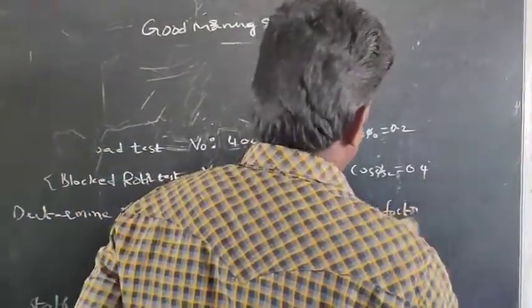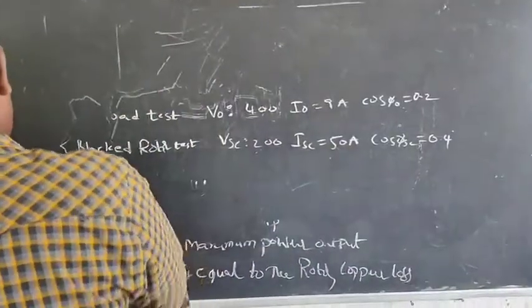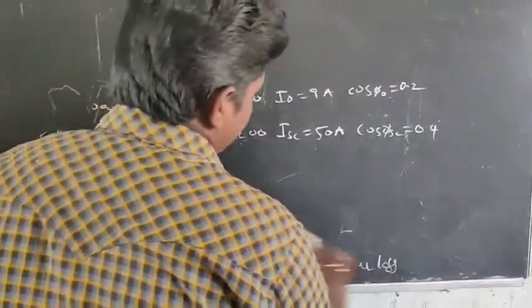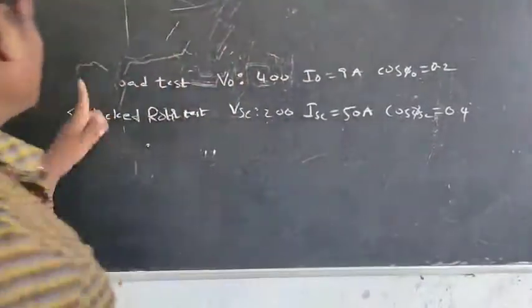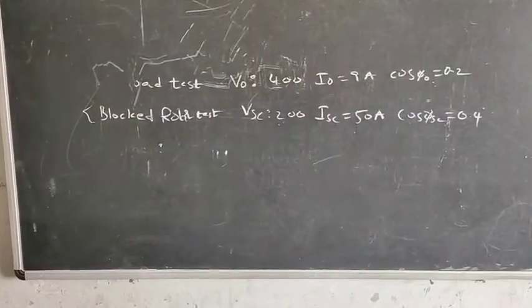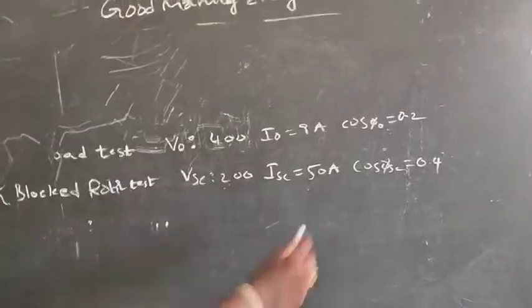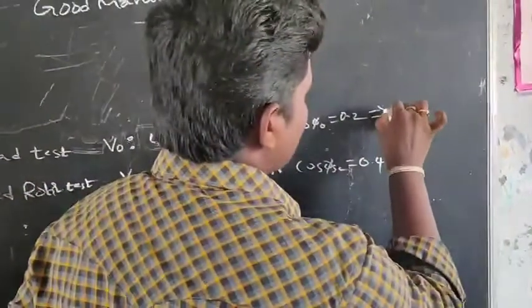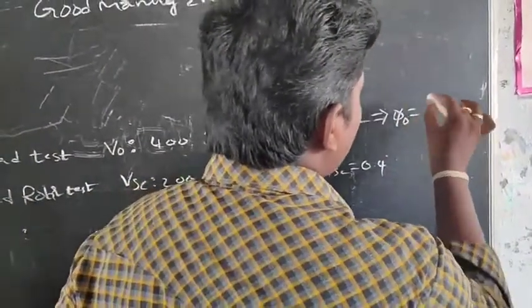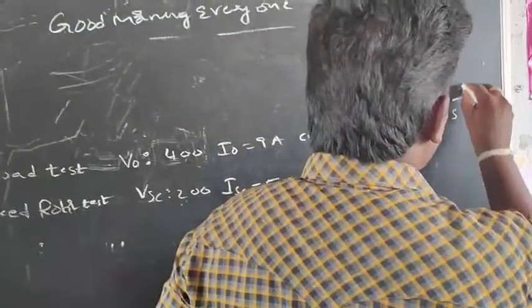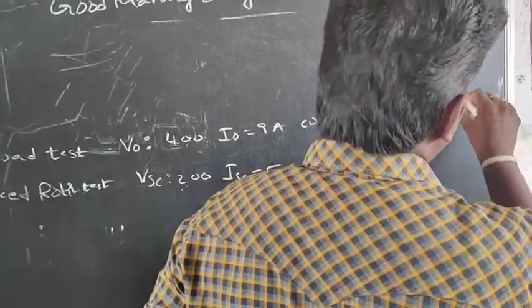So from that, what do we require? From the no load test we require I naught with respect to the angle, cos phi naught. Phi naught equals cos inverse of 0.2.